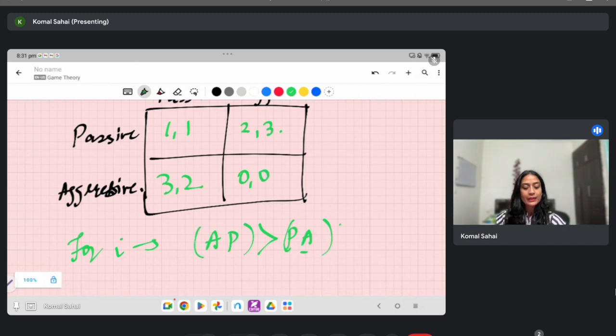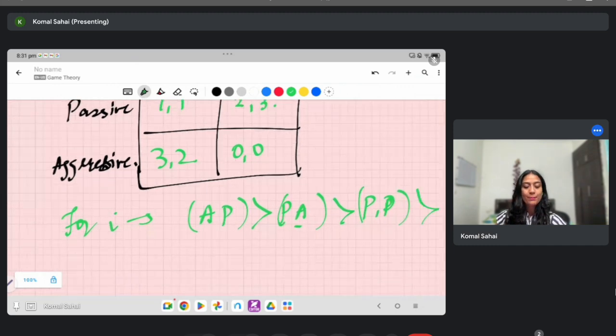Other than that, passive comma passive, both passive, is less preferred. The worst is when both are aggressive. Both passive is less preferred compared to these two, but it's definitely preferred over both being aggressive. So this is what I have done.